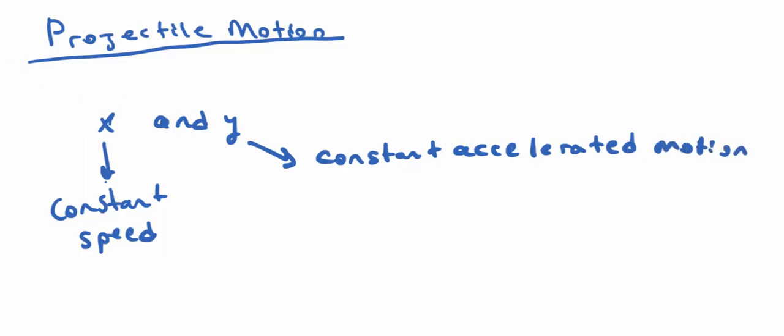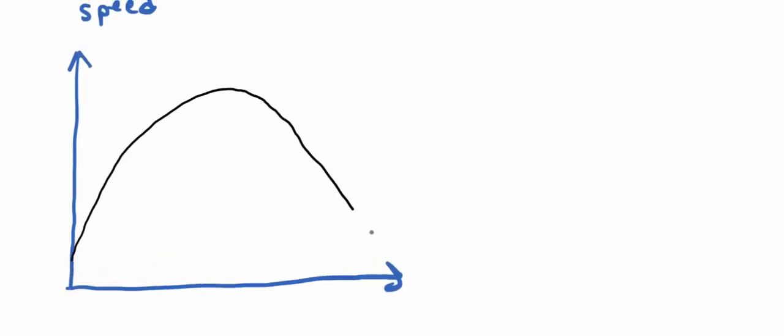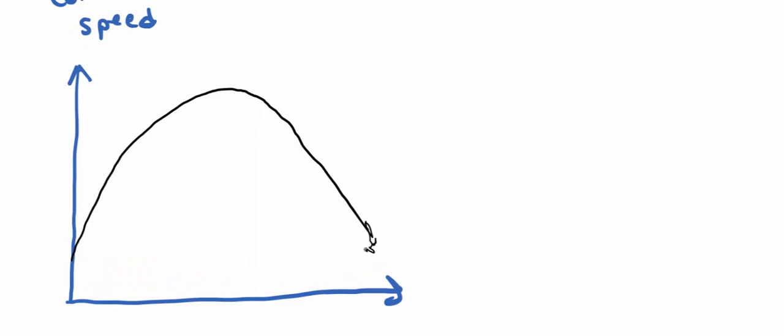If we draw a graph showing its height and displacement, our particle is moving upwards, just like this, and then going downwards because of gravity, right? Oops. Now we have to draw it again, no problem.